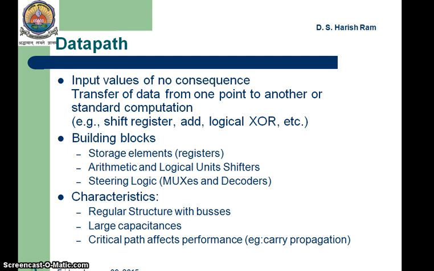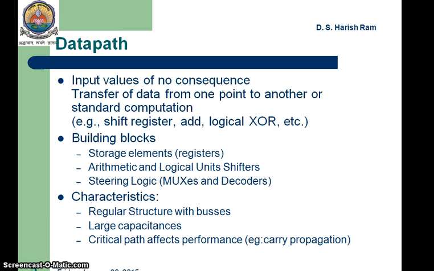So we can summarize the properties of the data path elements as primarily meant for storage or data manipulation, which essentially means performing arithmetic operations or logical operations or tasks such as shifting. Then we can also have steering logic as part of the data path, such as muxes and decoders. So in the previous example of the processor, we have seen that we need steering logic for routing data from the registers to the ALU.